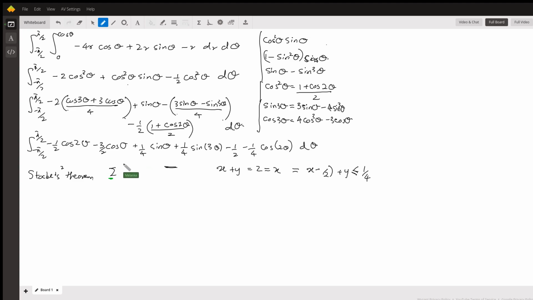I think this is pretty easy to work out. This is cosine 2 theta, cosine theta, sine theta, sine 3 theta. So I'll just leave this as an exercise for you to do.